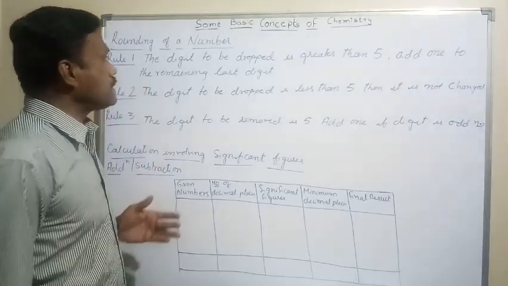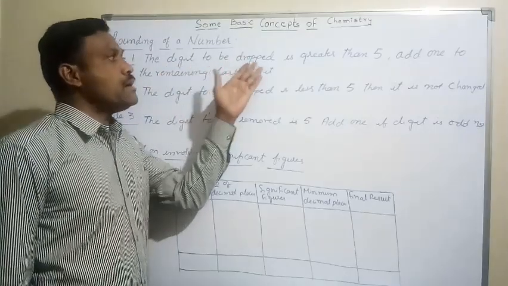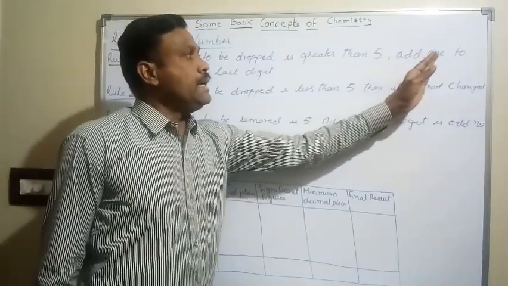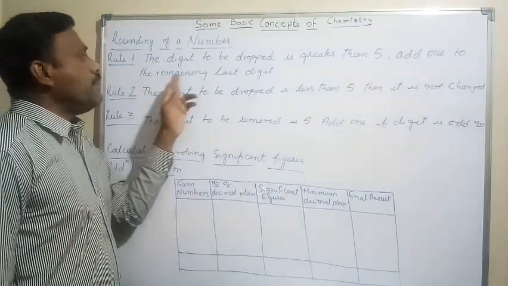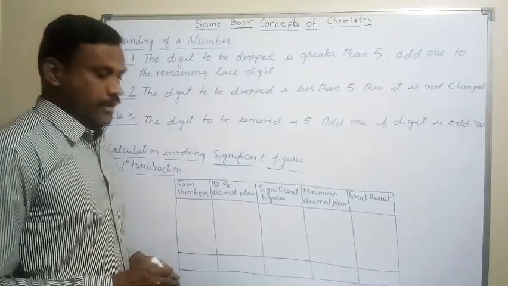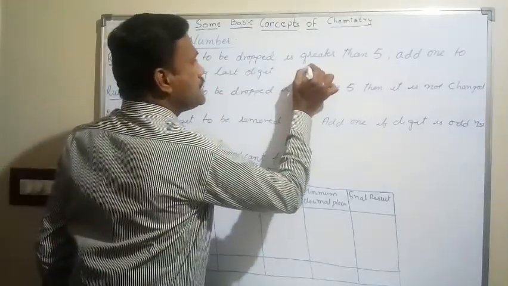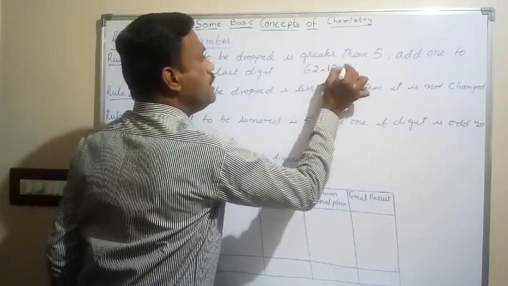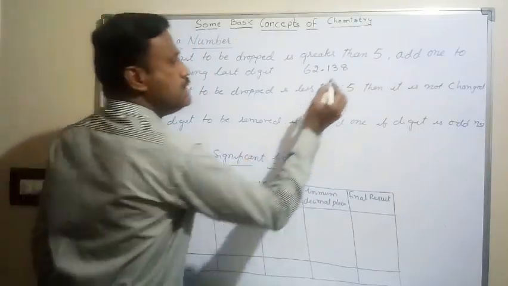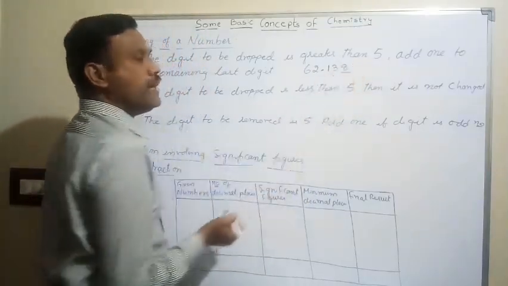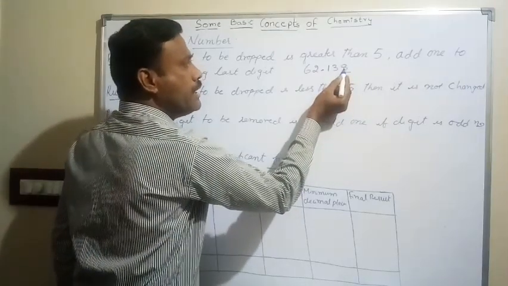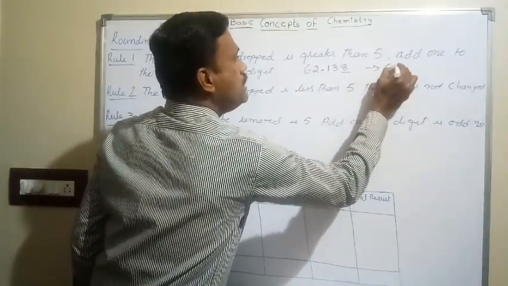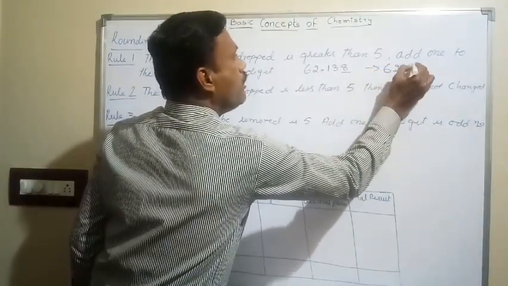Rule number 1 says if the digit to be dropped is greater than 5, then add 1 to the remaining last digit. For example, take the number 62.138. The last digit 8 is greater than 5. Now we add 1 to the number 3. It becomes 62.14.